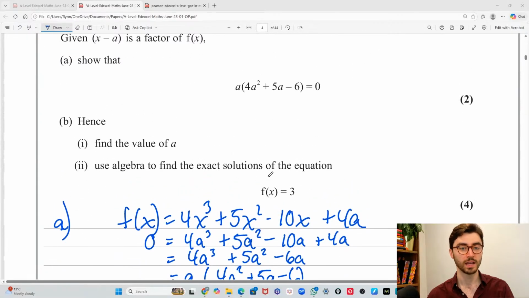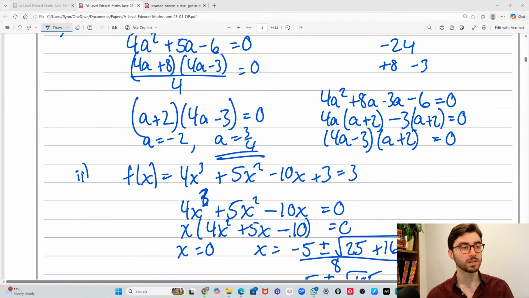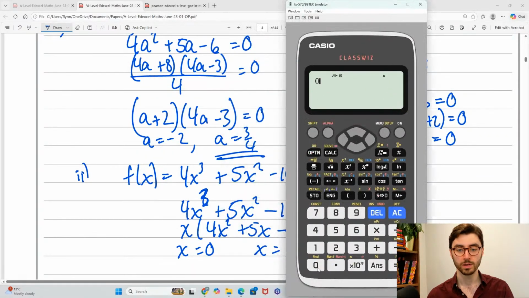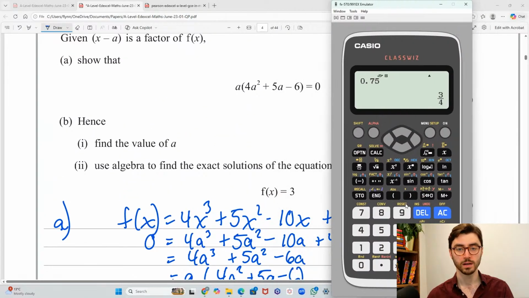So here, show that. I did show that, hence find the value of a. What I'm going to do is plug in my value of a. So if a is 3/4, and if I plug that into here, I'm going to get answer into 4, answer squared, plus 5, answer minus 6, and get 0.